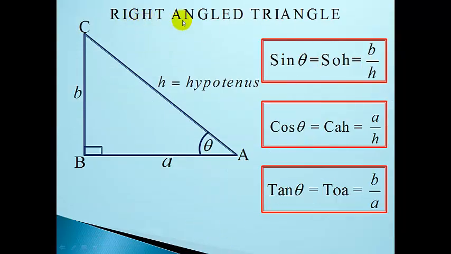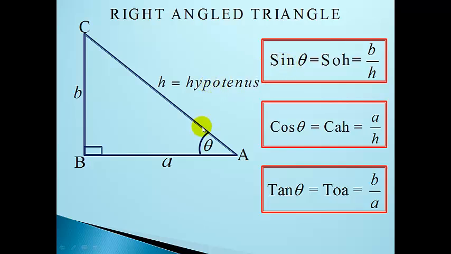Now let's consider the right angle triangle. ABC is a right angle triangle, and theta is our acute angle. Now the side BC is opposite to the angle theta, and the side AC, that is the longest side of the triangle, is what we call the hypotenuse.